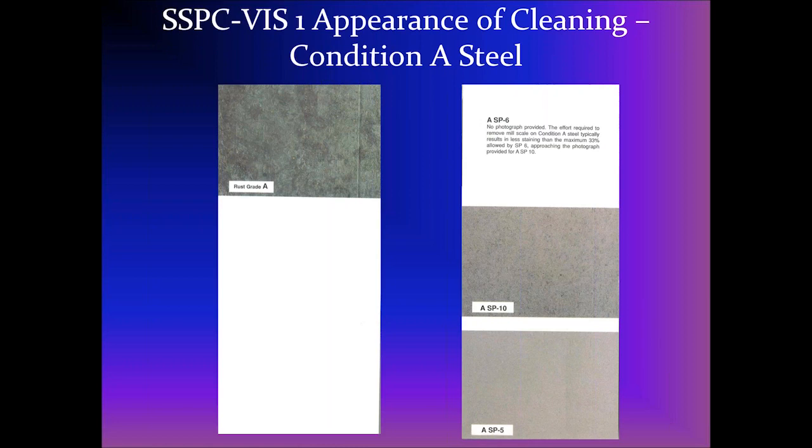It's really difficult to remove the mill scale to a commercial blast grade of cleaning and allow up to 33% staining. By the time you take the mill scale off, the staining is almost non-existent. The point is, if you have a surface with intact mill scale, you really can't get a commercial blast. There is no picture for it.